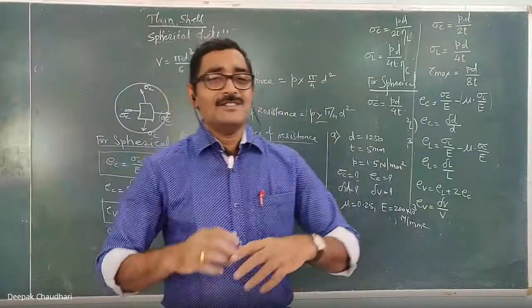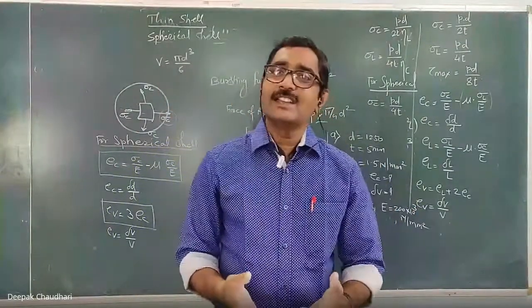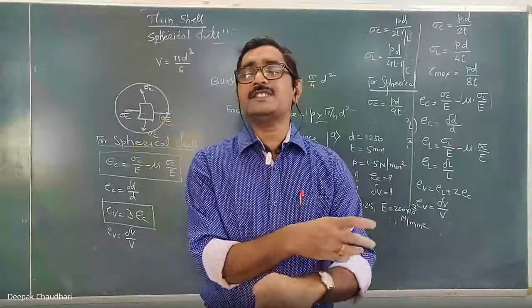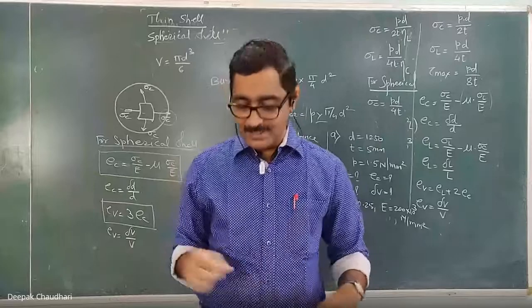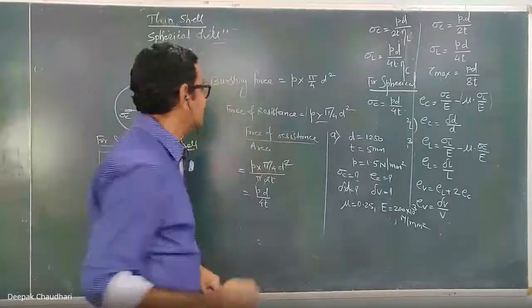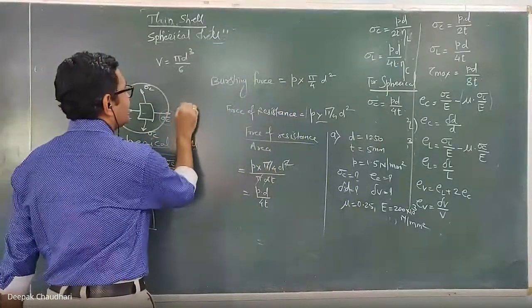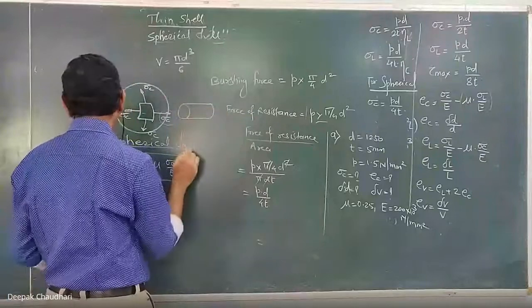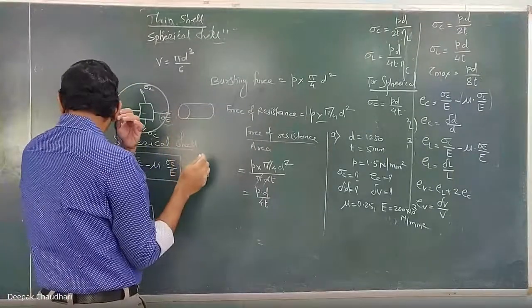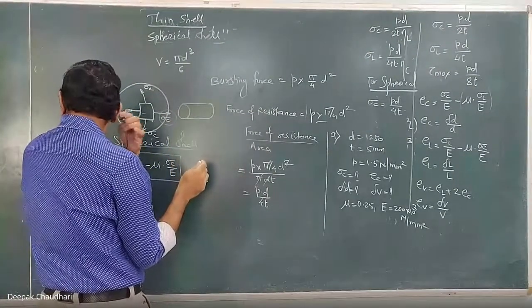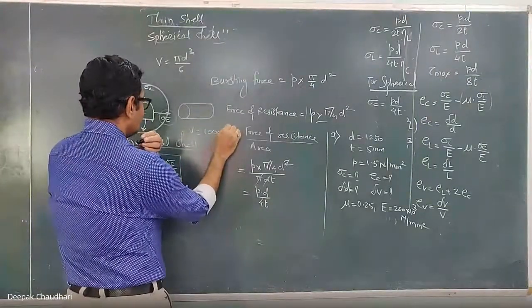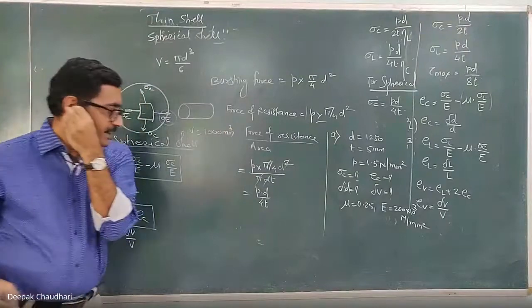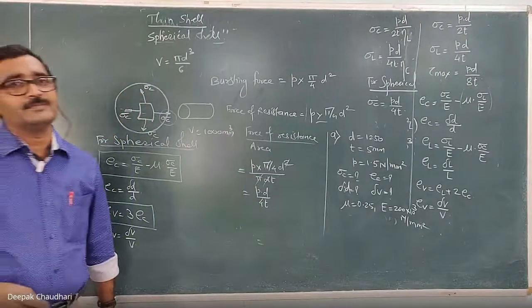But additionally, if I inject some fluid under pressure, for example, suppose there is one cylindrical thin vessel, and the volume of this cylindrical thin vessel is 1000 millimeter cube.